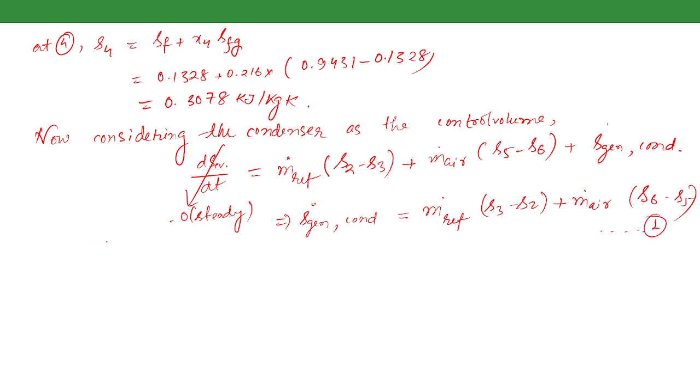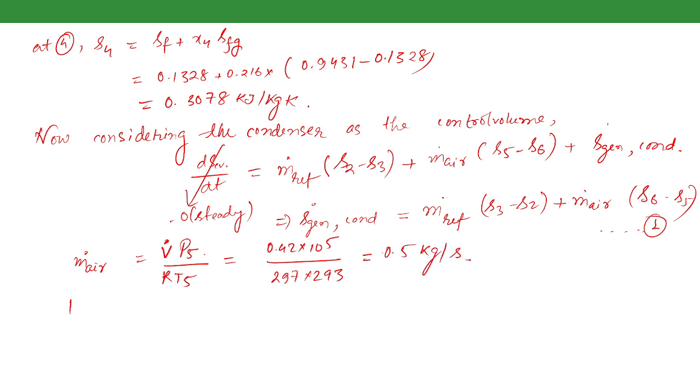Okay, what is the mass of air? Mass flow rate of the air is volume flow rate of air multiplied by the pressure at which it is coming, divided by RT5. So this is 0.42 multiplied by 10 to the power 5 by 297 into 293. So it nearly comes out to be 0.5 kg per second.